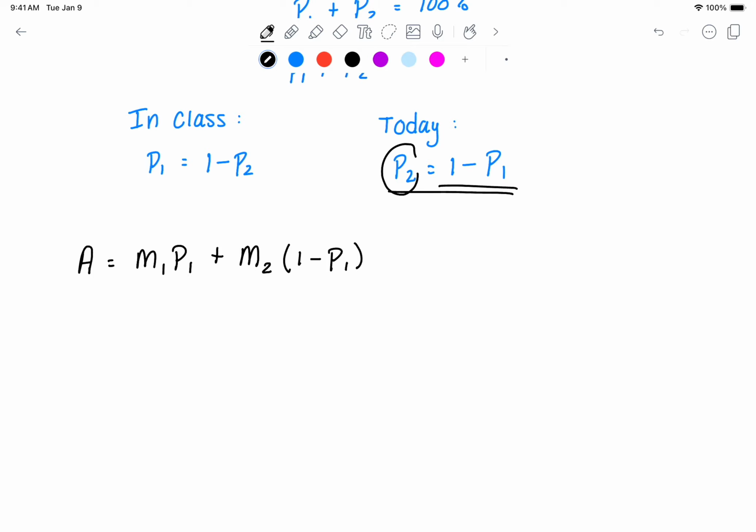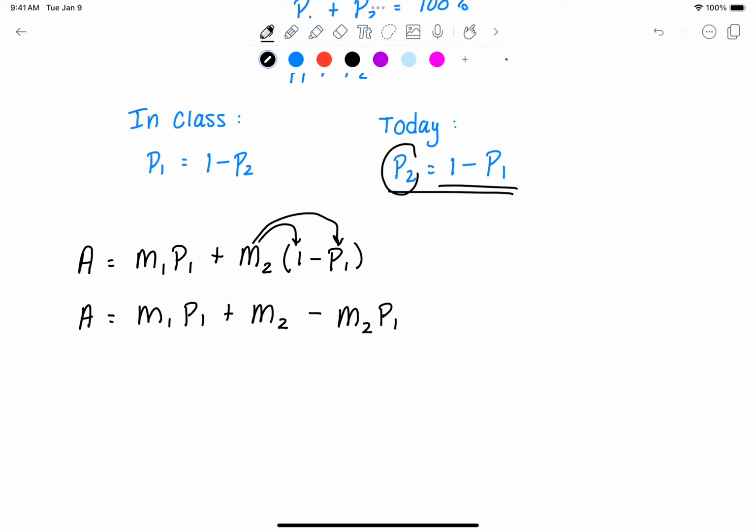So we're going to distribute our M2 in to here. A is equal to M1 P1 plus M2 minus M2 times P1. I have two terms that both have a value of P1, which we're going to see as like an X value, an unknown value.